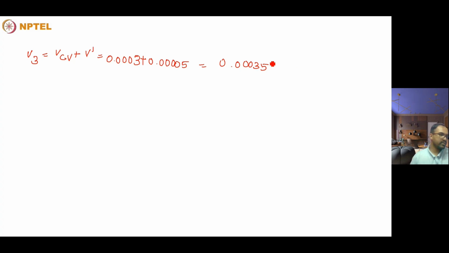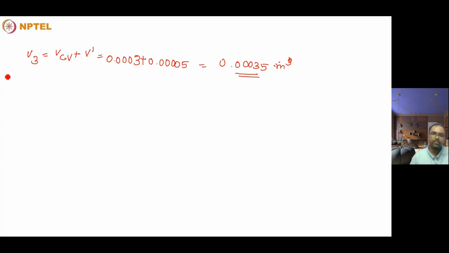So it will be around 0.00035 meter cube, and we need to calculate the temperature at the point 3.